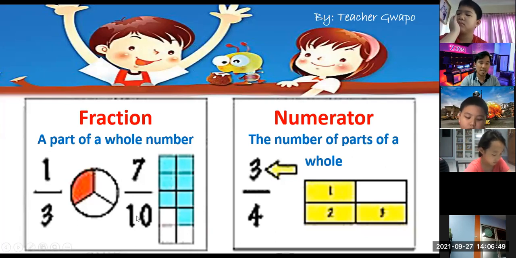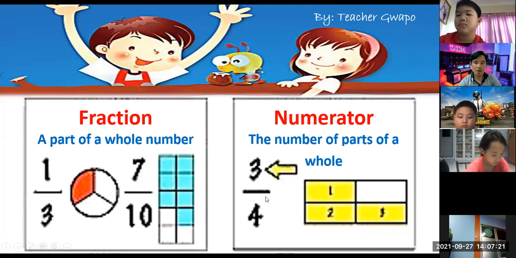So the denominator here is 10. Why is it 7? This is 7 because 7 parts are shaded: 1, 2, 3, 4, 5, 6, 7. So we call it 7/10. Here 1/3 because one part is shaded and there are 3 parts. Here 7/10 because 7 parts are shaded and there are 10 parts. Okay, hope you understand here.